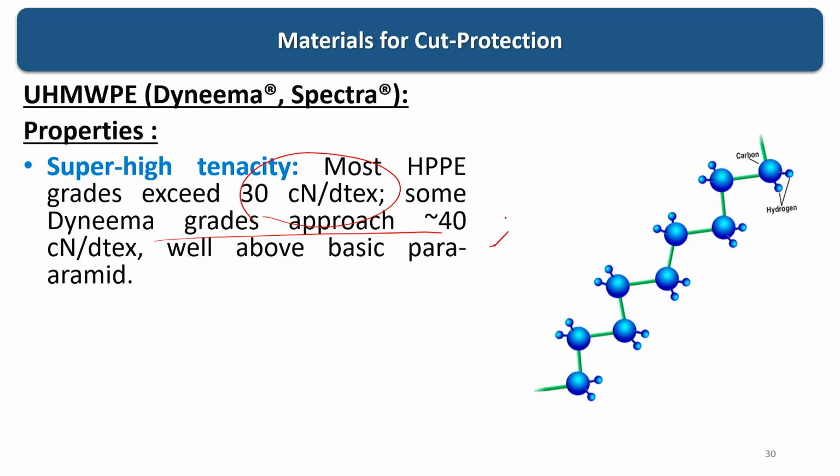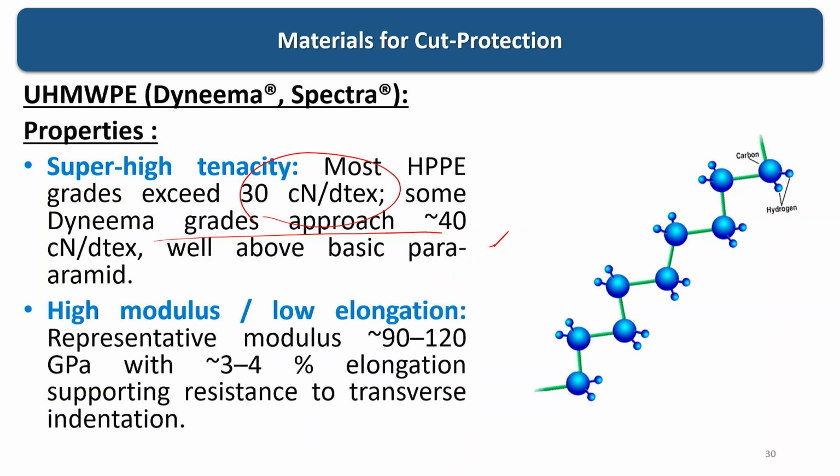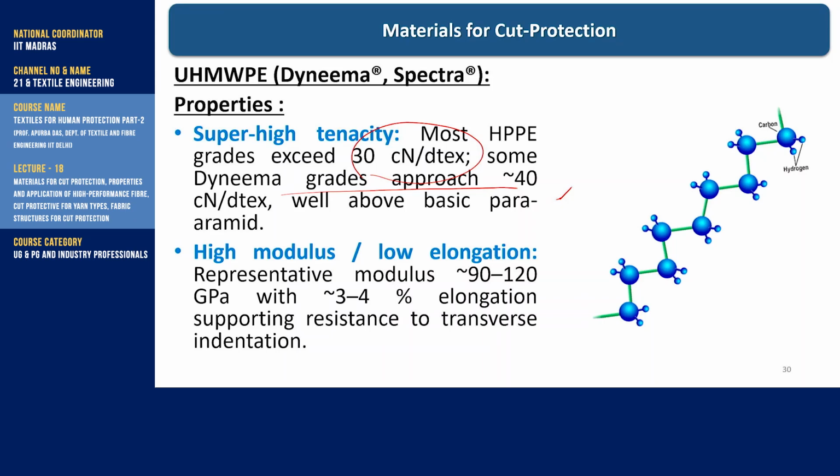But para-aramid can also be developed for high tenacity, also super high tenacity, high modulus and low elongation, as we have seen earlier in a diagram: 90 to 120 gigapascal with 3 to 4% elongation.